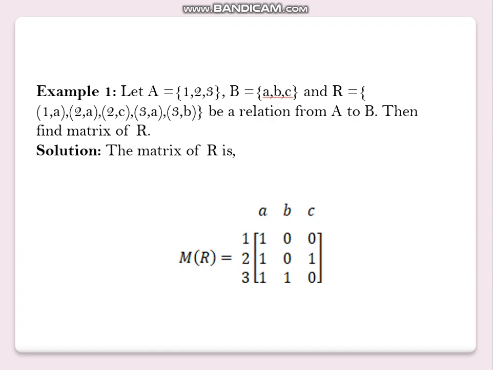For (2,a), second row, first column entry will be 1. For (2,c), second row, third column entry will be 1. For (3,a), third row, first column entry will be 1. And for (3,b), third row, second column entry will be 1. The rest of the entries will be 0, which shows that there is no relation.